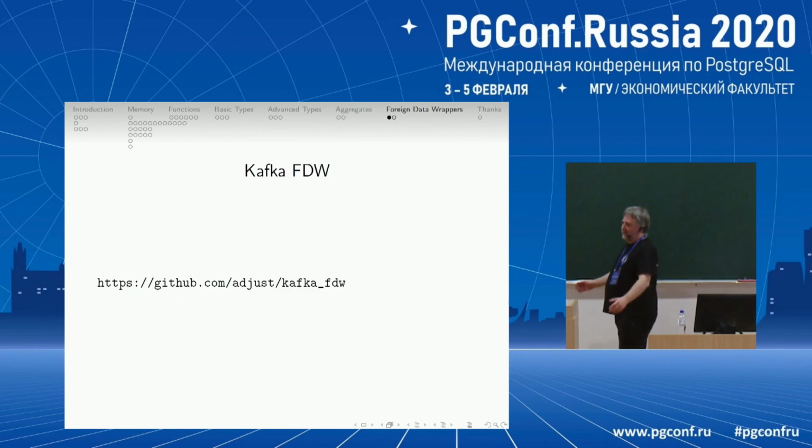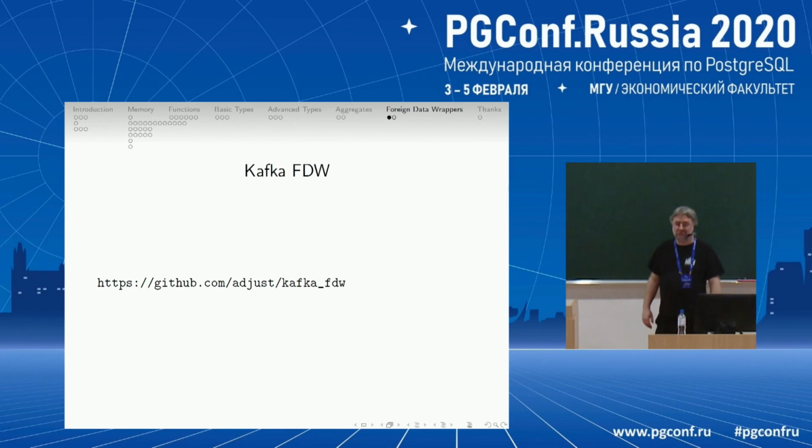So besides types and triggers and functions, what else can we extend Postgres to do? Well, at Adjust, we have written several of our own foreign data wrappers, including one for Kafka and one for Parquet.